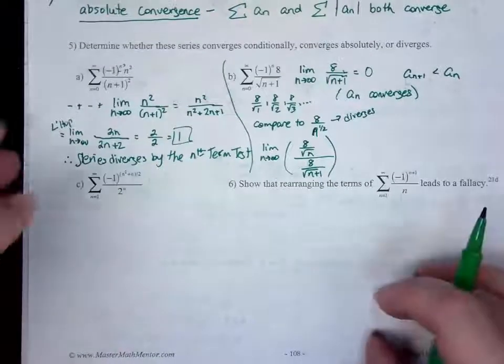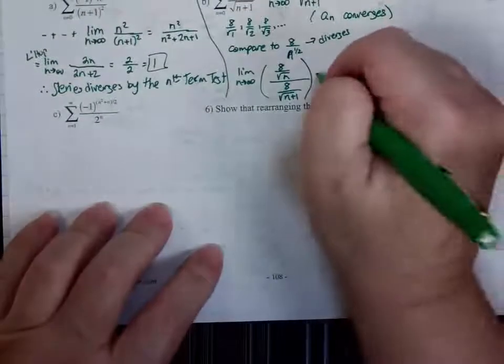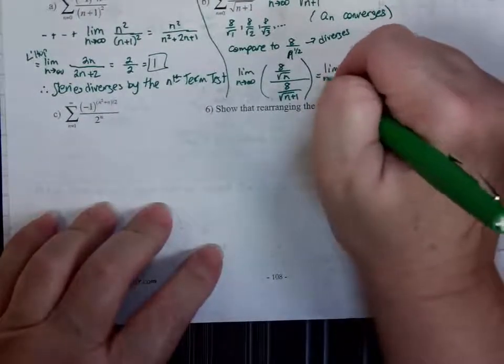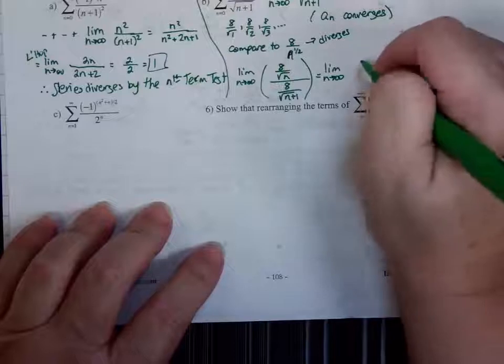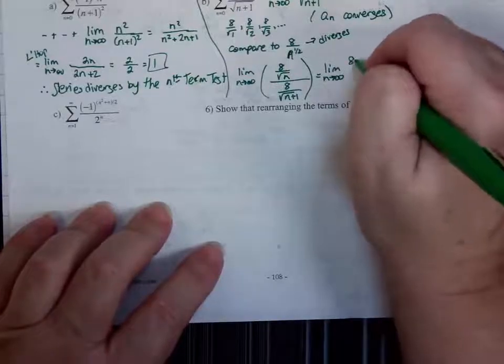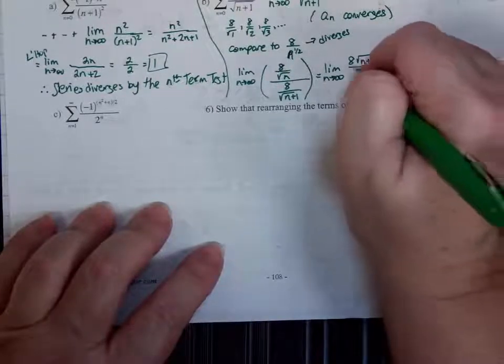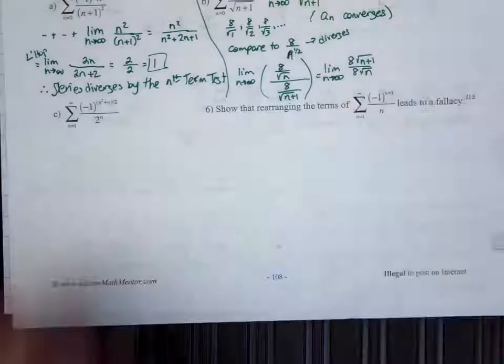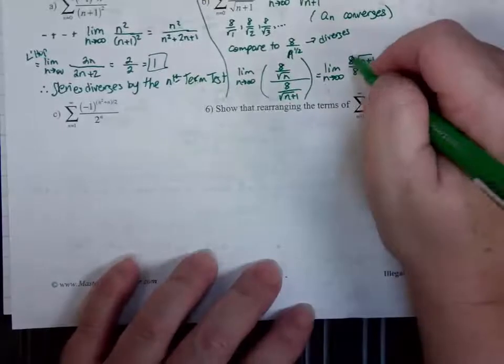Okay. So this will be the limit as n approaches infinity of 8 square root n plus 1 over 8 square root n. I just flipped the bottom one up. Okay, what's going to happen to the 8s? They go away. That's why I use the 8 on my comparison.